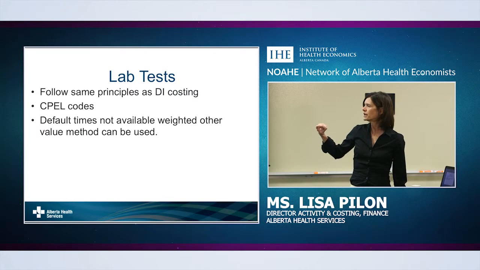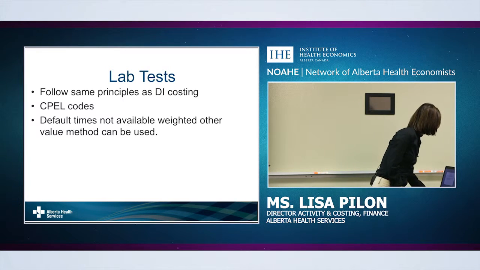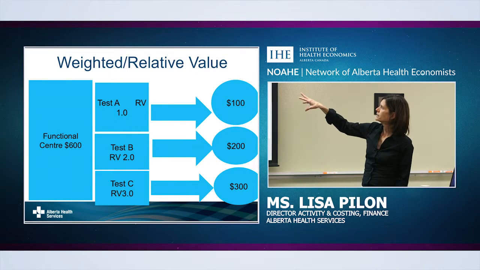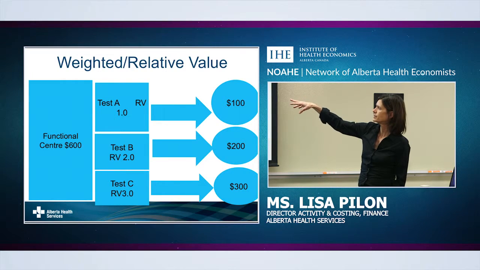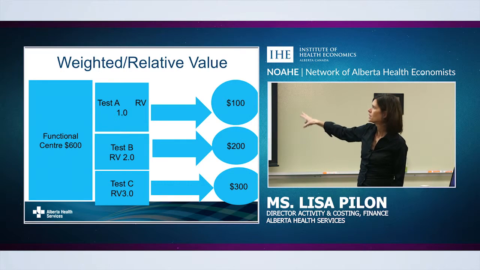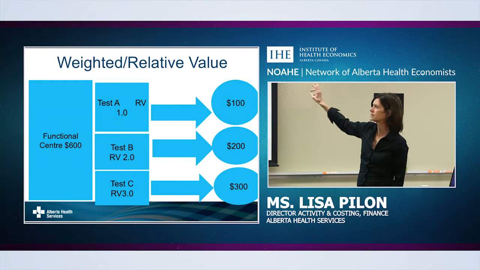So for example, they may not use minutes of service, but they might use something that looks a little bit more like this, where they have a functional center, and you might have test A has a relative value of 1, test B 2, test C 3. So for example, what that really means is with a relative value of 3, it costs 3 times as much as test 1, and with a relative value of 2, it costs twice as much as test 1.